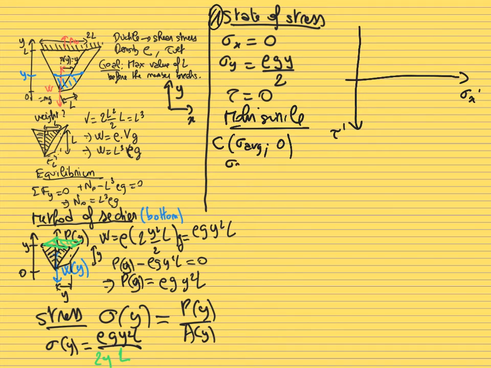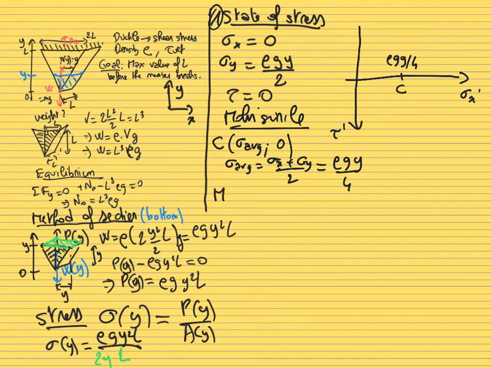So the average normal stress, sigma average, is the sum of sigma x and sigma y divided by 2, which is going to be rho g y divided by 4. That gives us the position of the center. For example, it is going to be here, with position 0 on the y-axis and position rho g y divided by 4 on the x-axis.